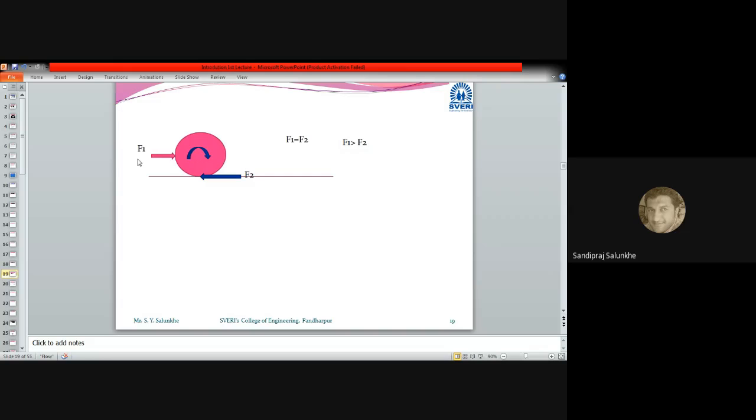F1 is greater, that is, the applied force is higher than the resisting force. So this wheel will start to rotate in clockwise direction and it will move further if the road gives sufficient tractive force. If it is slippery, it will rotate at its place only, right? So this condition we have seen.